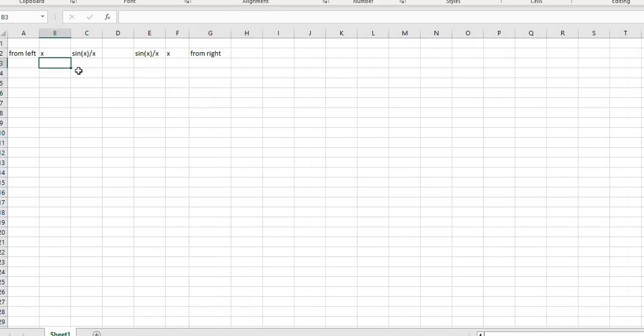So we would like to pick tiny numbers closer to 0 from the left. That might be negative 0.1. The next smaller step will be negative 0.01, then negative 0.001, and finally negative 0.0001.